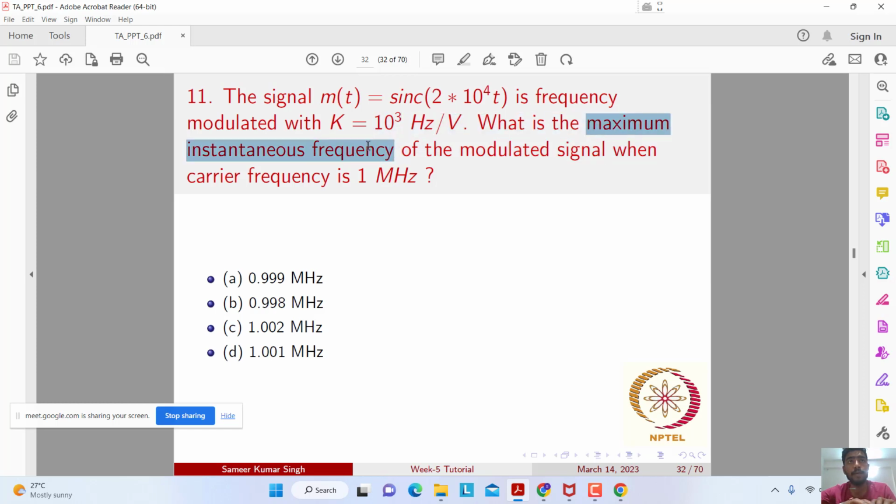We have to calculate the fi for the carrier frequency 1 megahertz. So try this. We have kf, from there you can get the maximum of m and fm, fc is 1 megahertz.